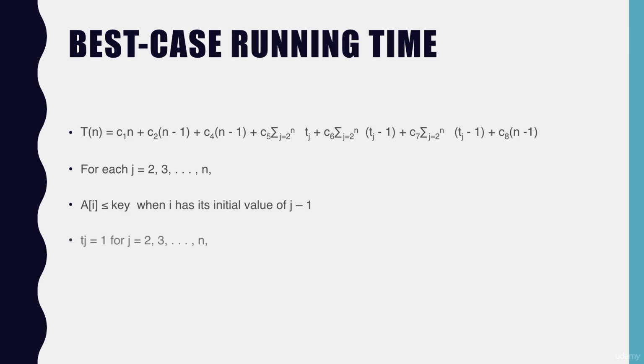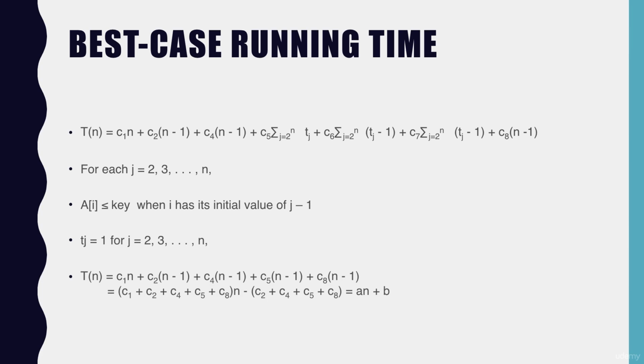Thus, tj is equal to 1 for j equal to 2, 3, and so on till n. And the best case running time is T of n equals c1 n plus c2 into n minus 1 plus c4 into n minus 1 plus c5 into n minus 1 plus c8 into n minus 1, which when simplified gives c1 plus c2 plus c4 plus c5 plus c8 into n minus c2 plus c4 plus c5 plus c8.